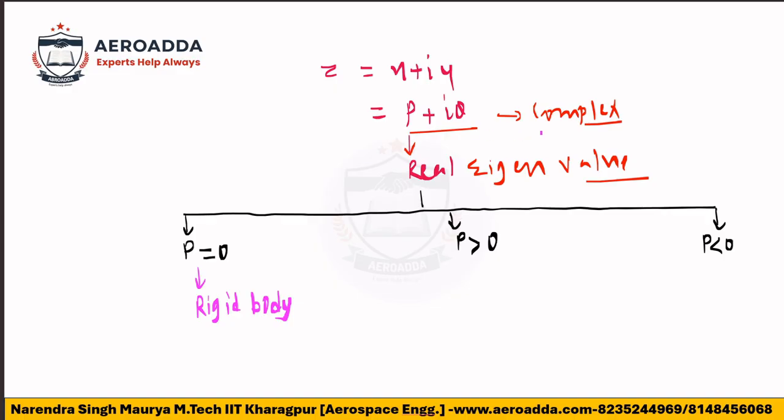I'm talking about the real eigenvalue here. But if the eigenvalue is purely real, that means no complex part, then a purely real eigenvalue is always associated with non-oscillatory mode, non-oscillatory.